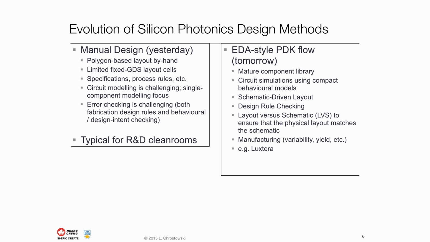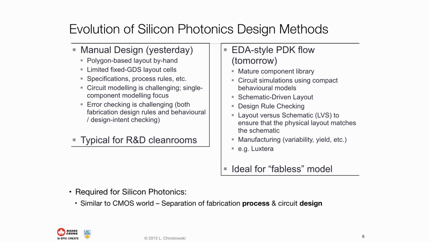The first comprehensive EDA-style PDK was developed by Luxtera and used to commercialize silicon photonic transceivers. Having a complete PDK is ideal for the fabless model, where companies work on the design and the foundries do the fabrication. So what we require for silicon photonics, and is happening already, is similar to electronics, namely the separation of the fabrication process and the circuit design.